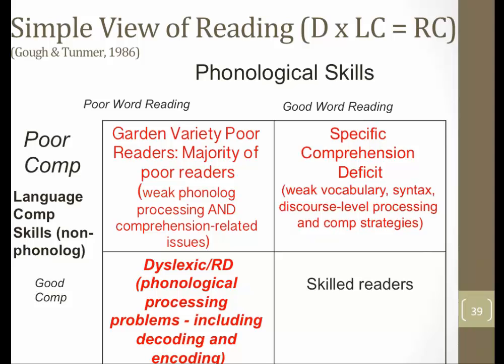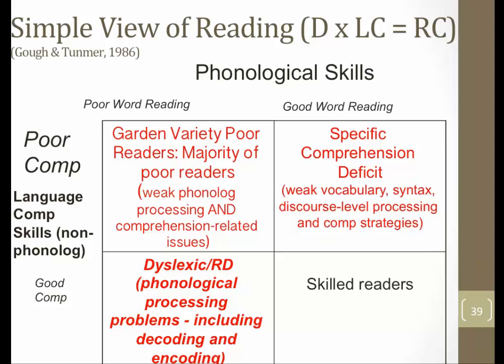And to further explain this concept, we can look at a student's phonological skills, which are relevant to decoding, and their comprehension skills, which are relevant, obviously, to the language comprehension that I just spoke about. So you can have poor word reading and poor comprehension and have what Jewel referred to as a mixed reading disability.